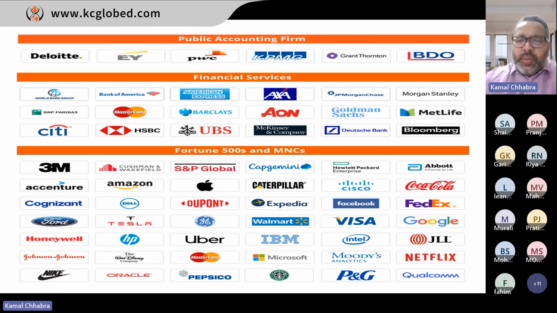They're also in huge demand of US enrolled agents. In addition, companies like Bank of America, American Express, JP Morgan, Morgan Stanley, Goldman Sachs, McKinsey, Bloomberg, Deutsche Bank, Apple, Amazon, Accenture, Caterpillar, Coca-Cola, Walmart, Uber, Nike, Oracle, PepsiCo, Procter and Gamble, all these companies require a huge number of US enrolled agents every year.